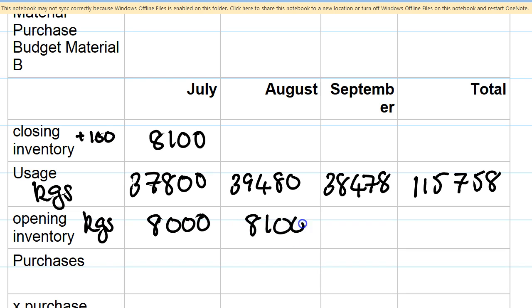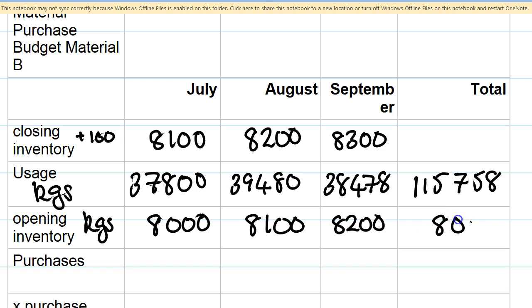So we can finish off just like we did with material A, and then in total we've got our opening inventory 8,000 kilos, and our closing inventory is 8,300. There is an error in the workbook that the total is 8,300.